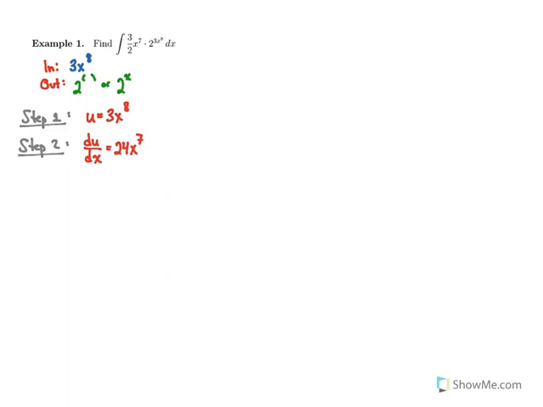Step 2, we also need to solve for dx. So we're going to multiply both sides by dx, get 24x to the 7th dx, and we're going to divide by the derivative of the inside, the 24x to the 7th. Step 3, we're going to replace everything in the integral. So we're going to take all of this and replace it in the integral.